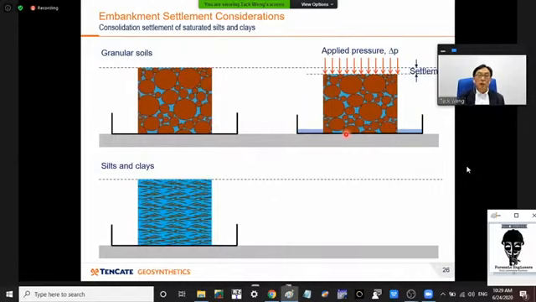With granular soil, the pressure is taken up by the particle contact areas, and the permeability of the soil is large. So you'll find that settlement occurs as a result of squeezing out of the water. The water is squeezed out very quickly, the settlement is small, and this happens very quickly.